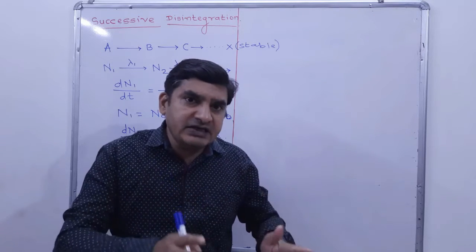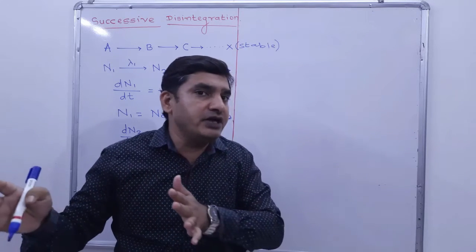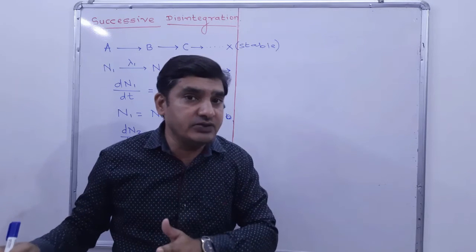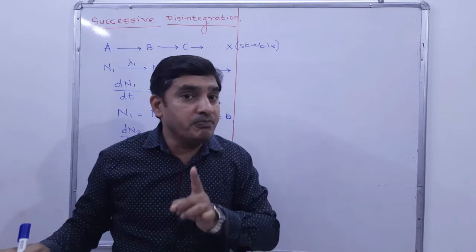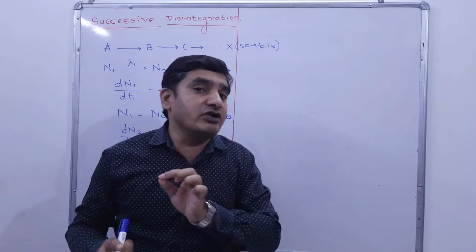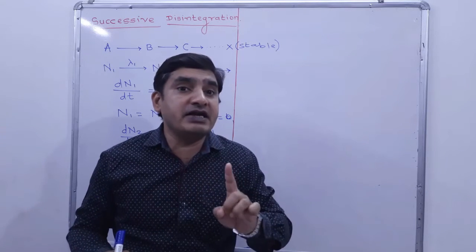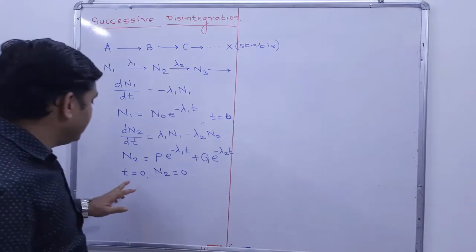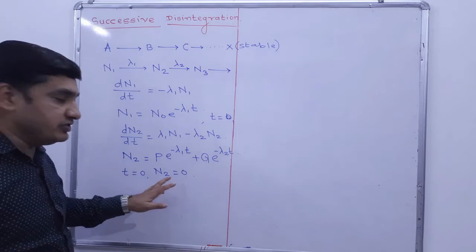When the parent disintegrates, we obtain the daughter, which has the radioactive nuclei N2. But when t is equal to 0, there is only parent atom N1. Daughter is equal to 0, and therefore at t equal to 0, N2 is equal to 0.